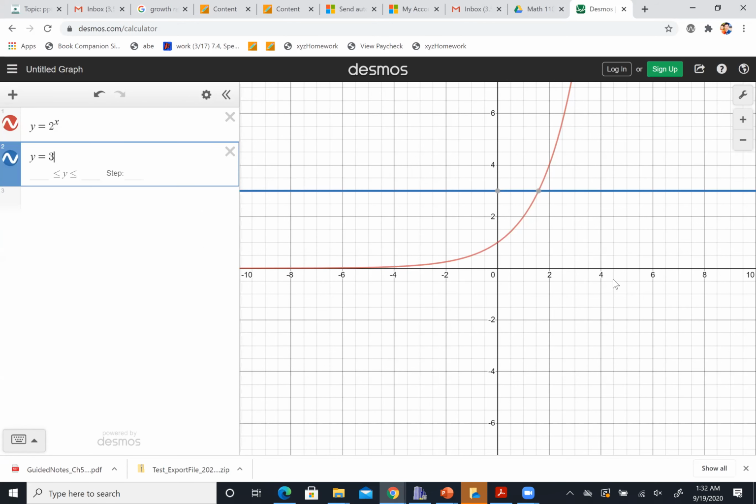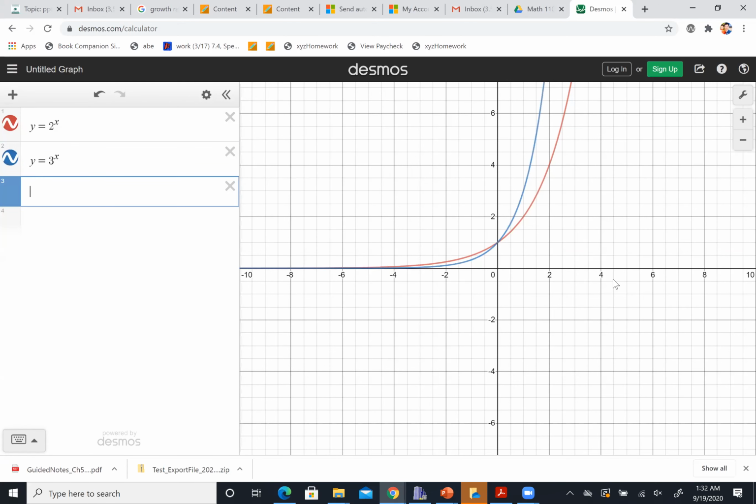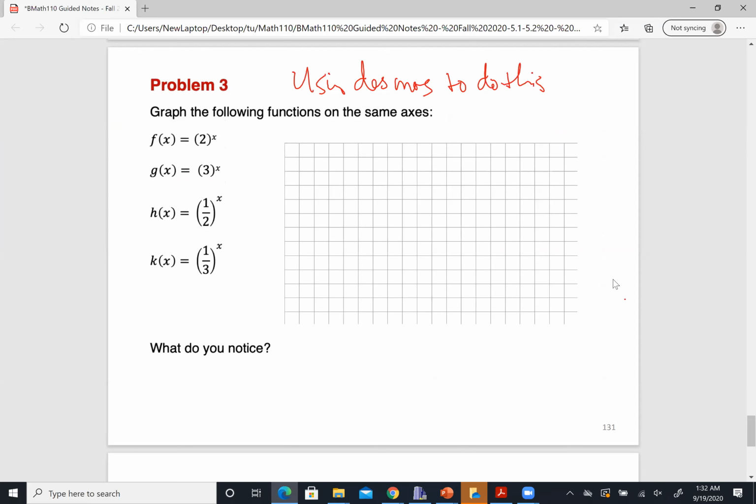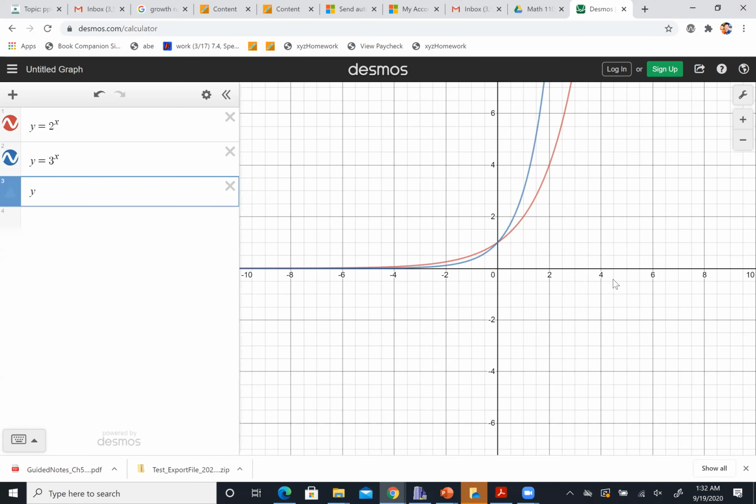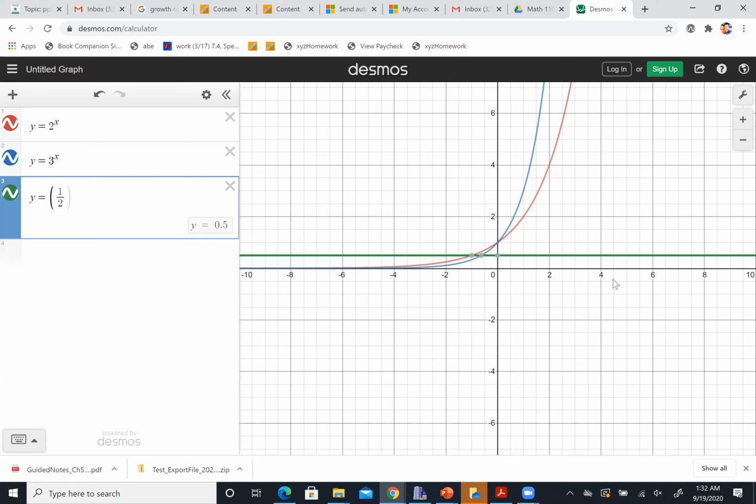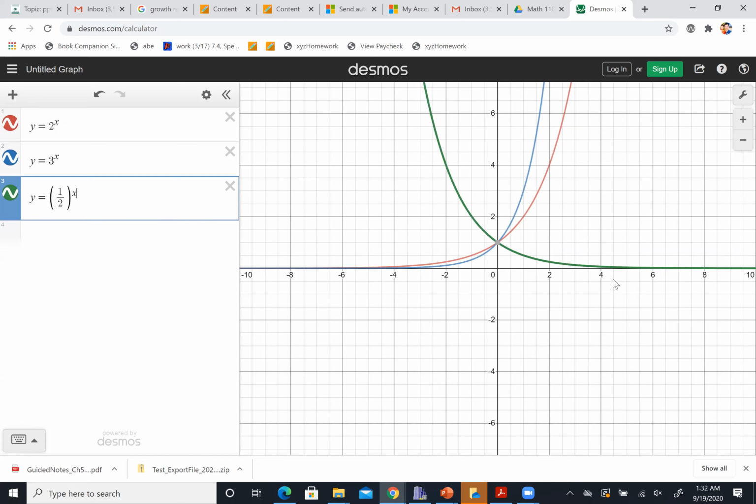And then the third one is y equal to (1/2)^x. I need to put the parentheses and then power x. Yeah, it looks correct.